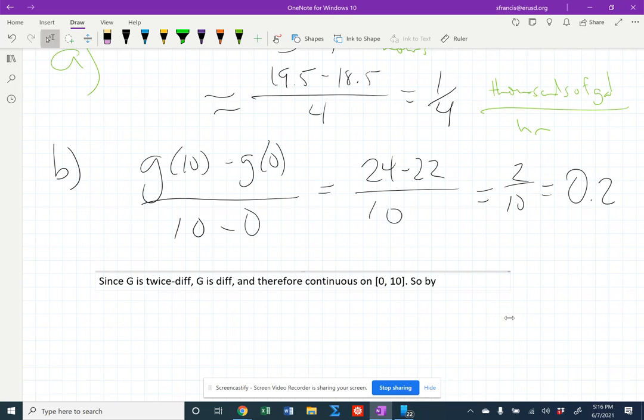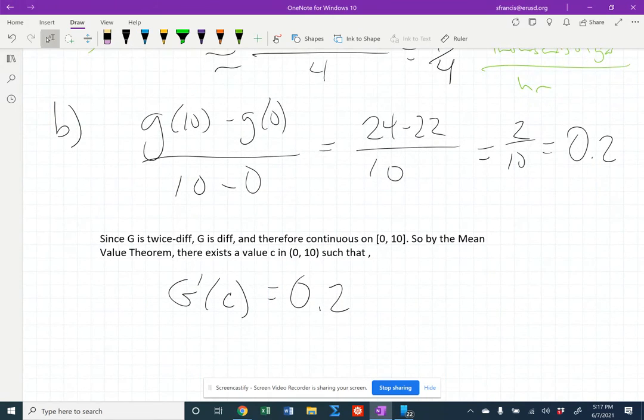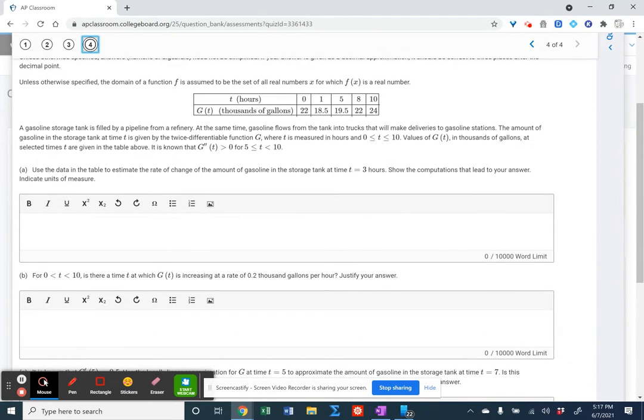So by the Mean Value Theorem, there exists a value c in the open interval (0, 10) such that g prime of c is equal to 0.2, because I just did the work to show that the average rate of change is 0.2. So that means the instantaneous rate of change at some point will be 0.2.